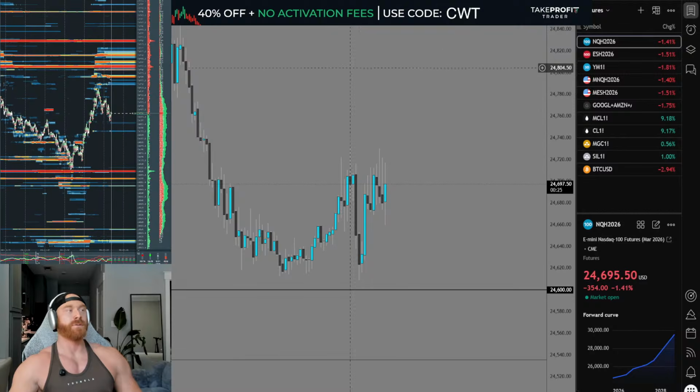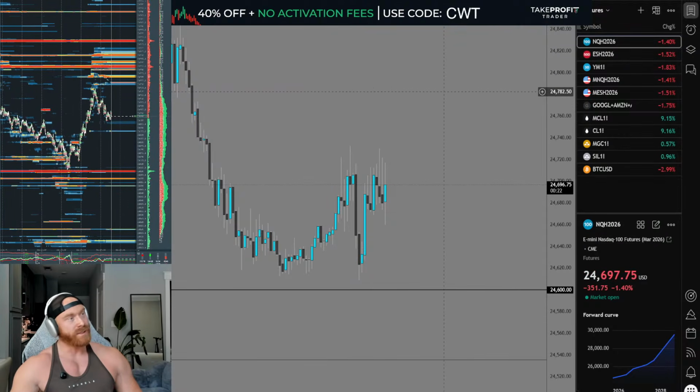Can you explain the bubbles? They're volume bubbles. So the bigger they are, the more volume there is at that level, at that exchange.